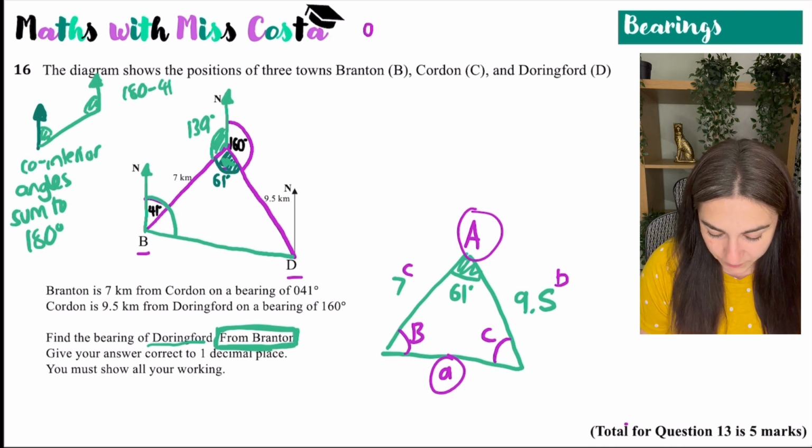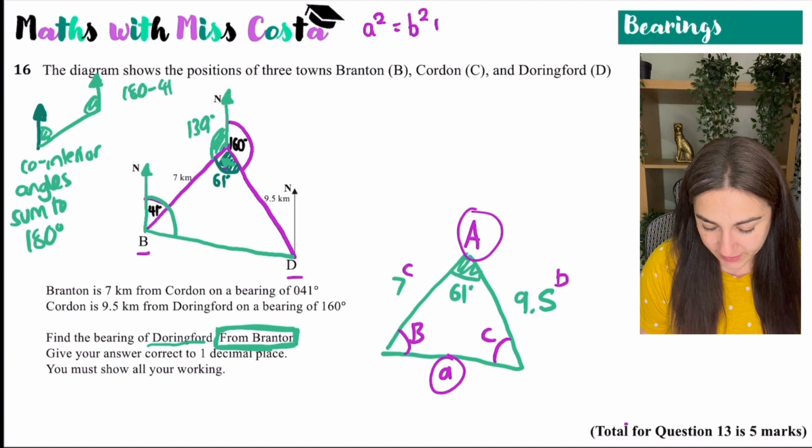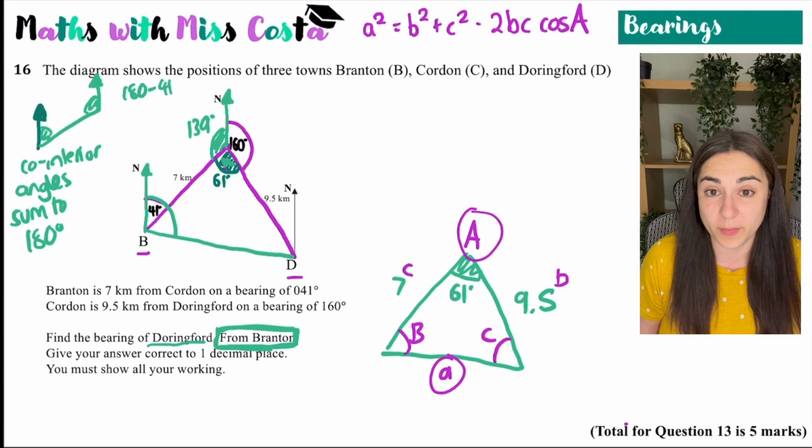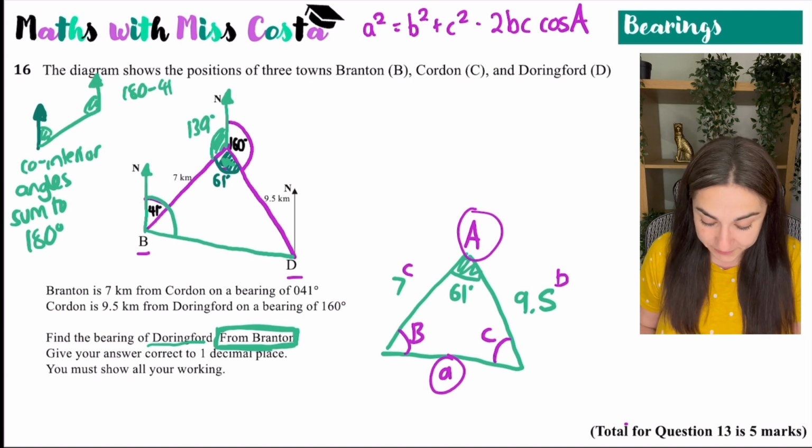The cosine rule is a squared equals b squared plus c squared minus 2bc cos A. It's also on your formula sheet, so you don't need to worry about memorizing it.